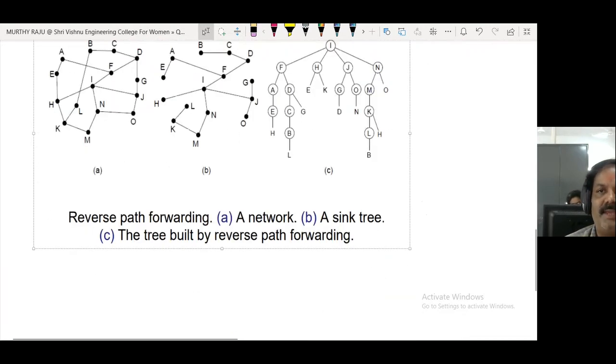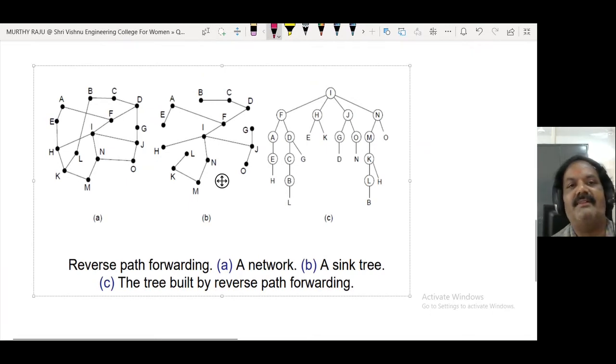Next, the fourth one is reverse path forwarding. The fourth method is the reverse path forwarding mechanism.